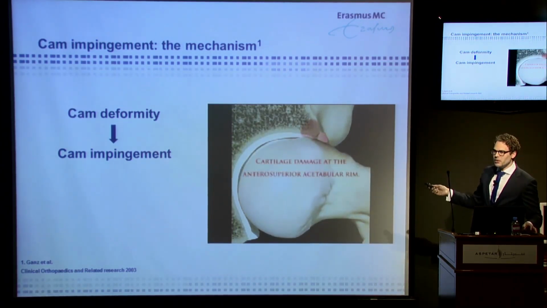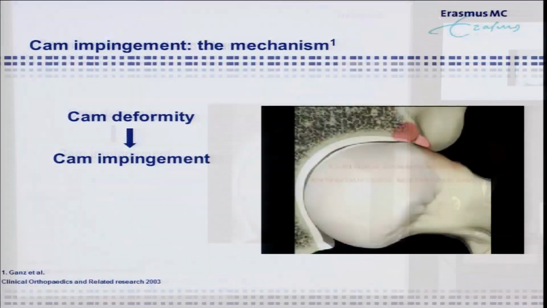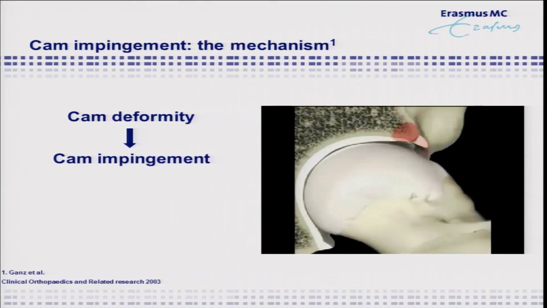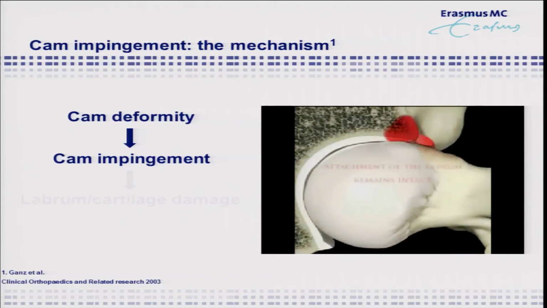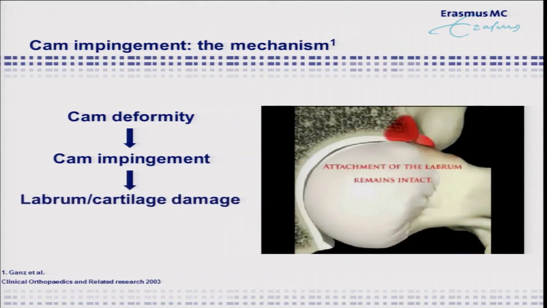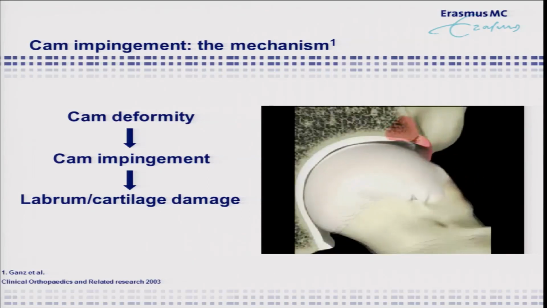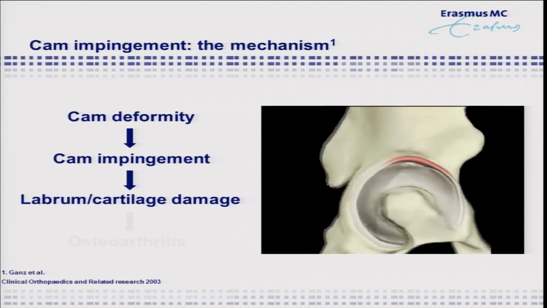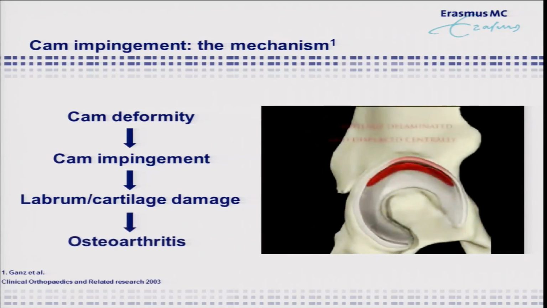And when this impingement occurs repetitively, there might be acetabular cartilage damage and damage of the acetabular labrum. And when this process goes on, there might eventually develop osteoarthritis of the hip joint.